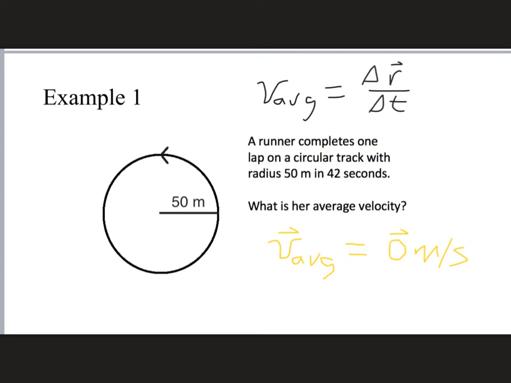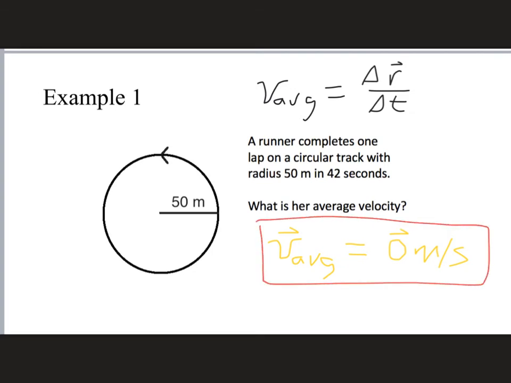What's the change in position? She starts here, she goes all the way around, she ends up right back where she started, she completes one full lap, her change in position is 0. That means that this term, this delta r, is 0, and anything multiplied by 0 is equal to 0. So the average velocity works out to be 0 meters per second. And that would be the answer to this question.